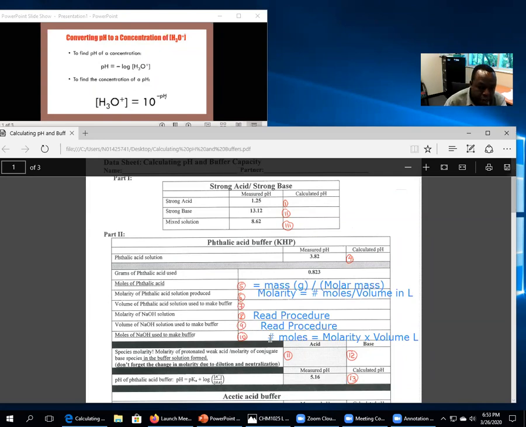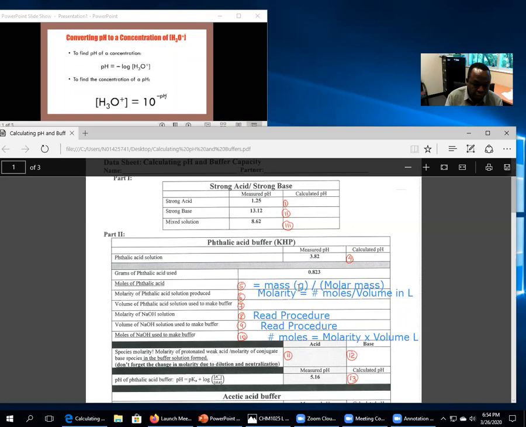Those moles of NaOH will convert into the conjugate base of the acid. So if I know the number of moles of the acid remaining when making the buffer solution from the original number of moles of the acid and the number of moles of the base, you will find the molarity of each one of them and place them in these boxes right here.